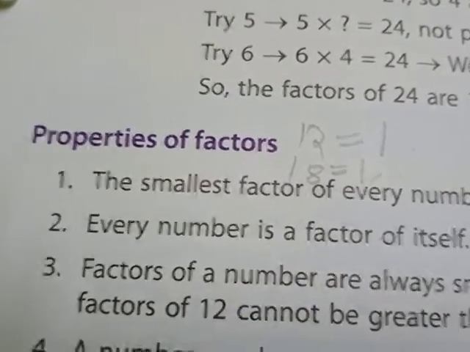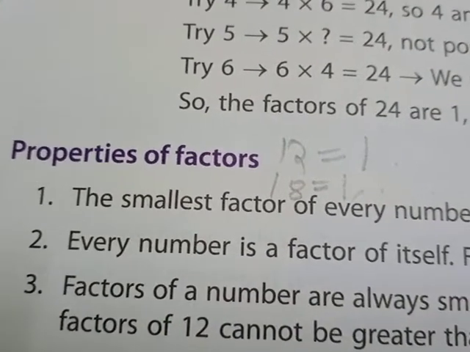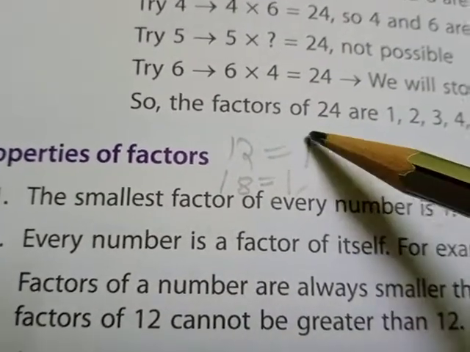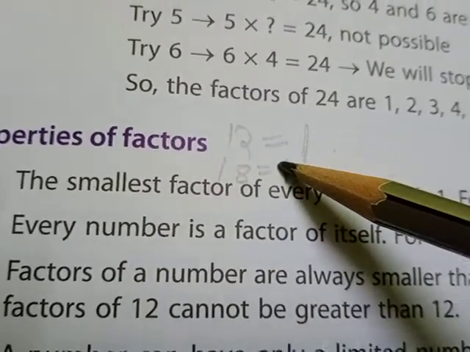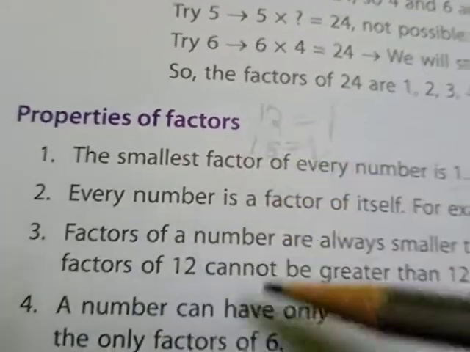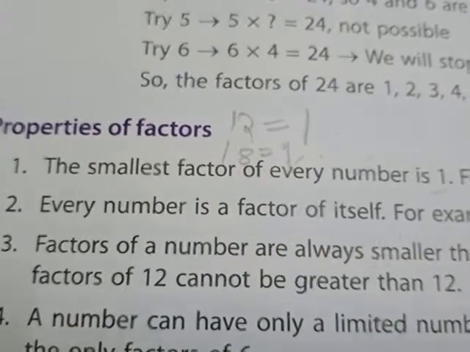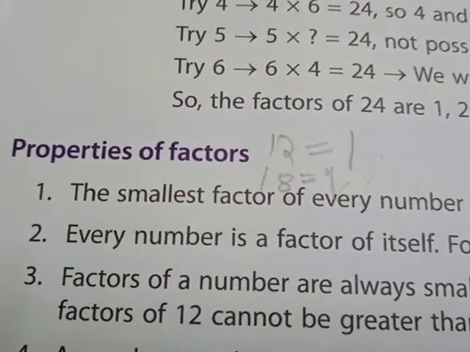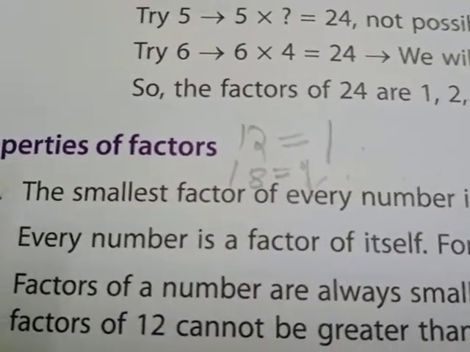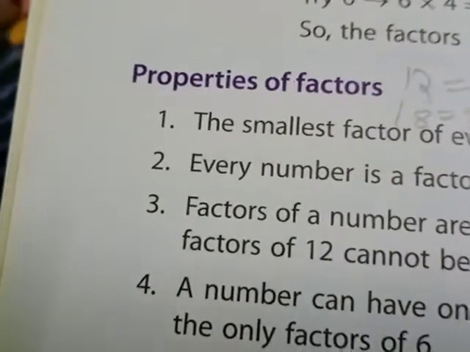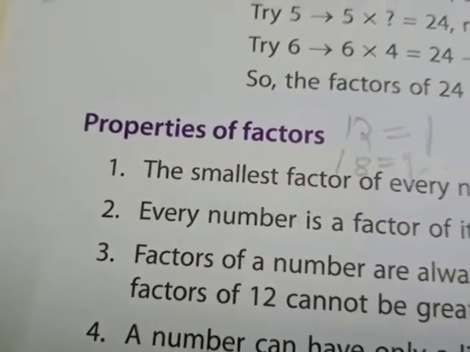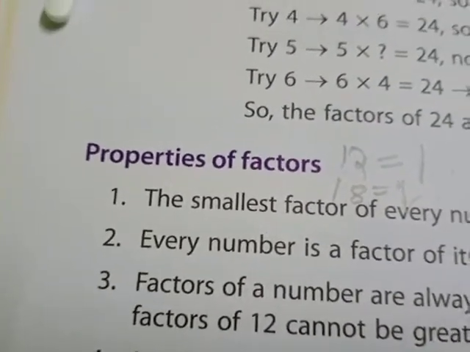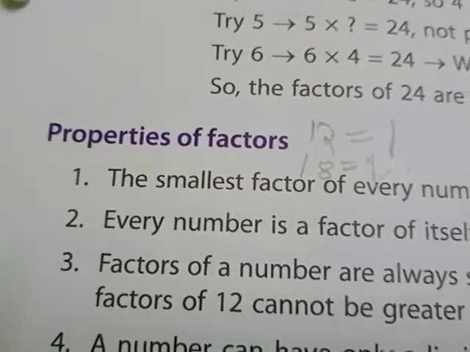And why do all numbers have 1 as a factor? The reason is that in the table of 1, all the numbers are divisible. If you want to write the factors of 25, 1 25s are 25. If we have to write the factors of 36, 1 36s are 36.